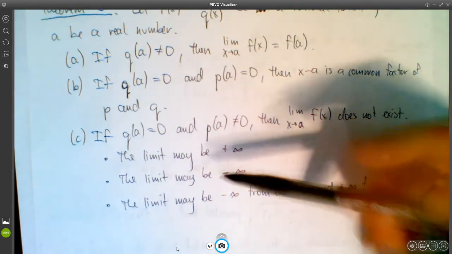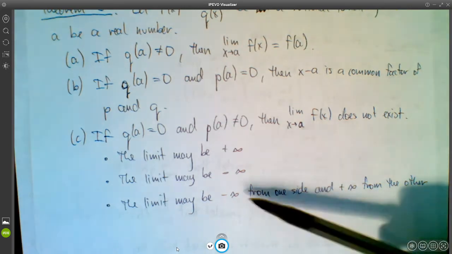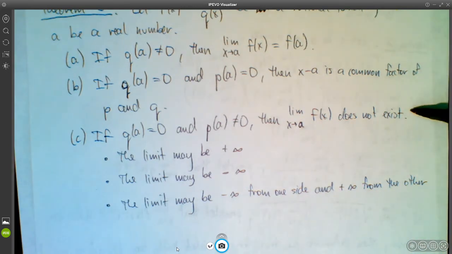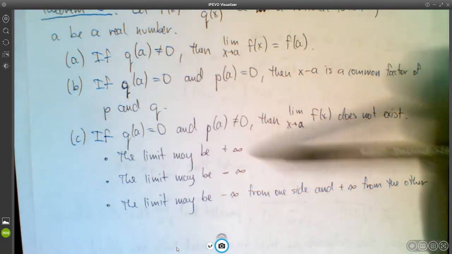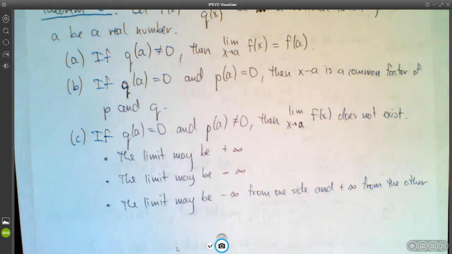To figure out which of these cases is going on, we just have to make a table of values. If we get something like -5/0, then we know that the limit doesn't exist. But if we want to be more specific about which of these cases we have going on, we're going to make a table of values.